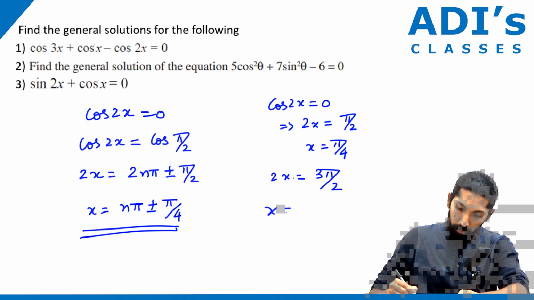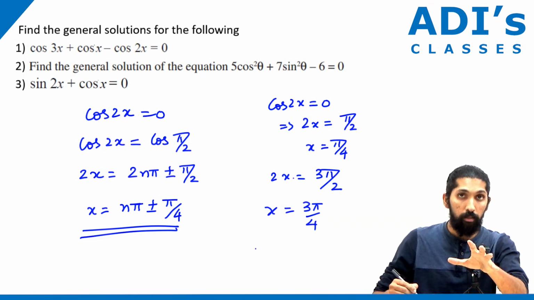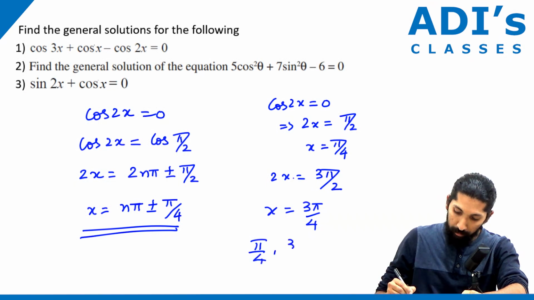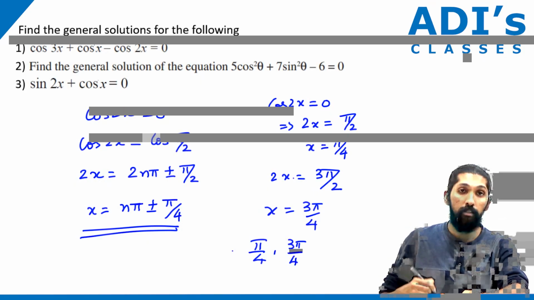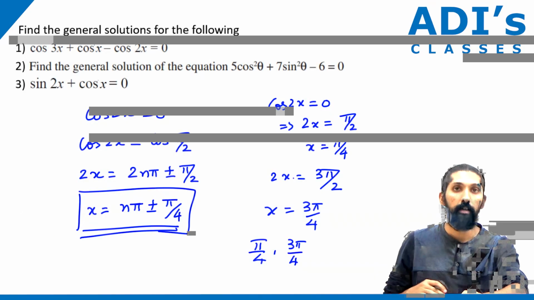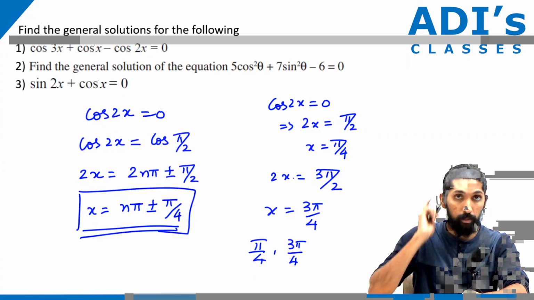So x is equal to 3 pi by 4. So the principal values are pi by 4 and 3 pi by 4. And the general solution is this: x is equal to n pi plus or minus pi by 4. So this is how you solve the first question.